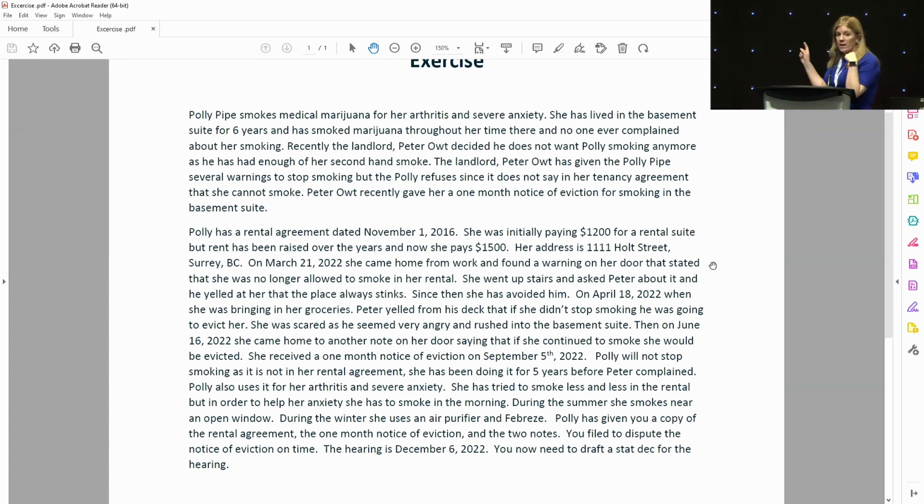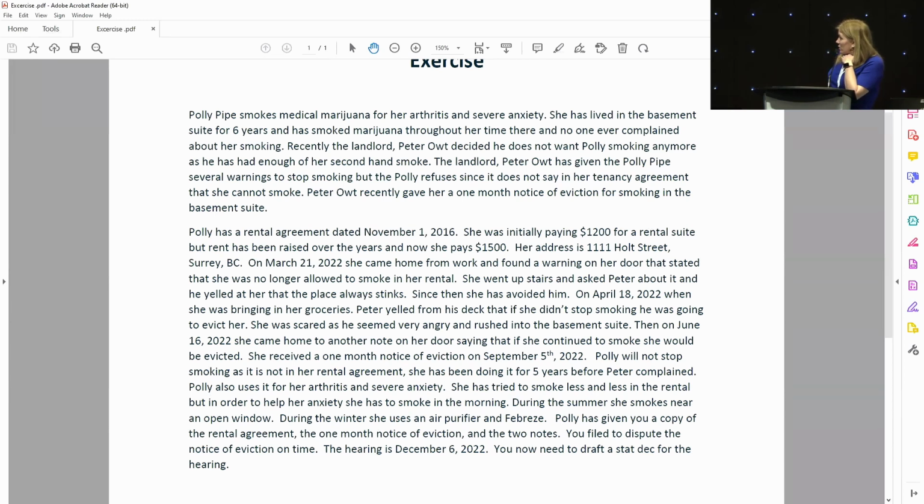So just to go over this, I am going to put up a sample of this one, but if anyone wants to point out anything, because I don't have it right in front of me. What you're going to attach as exhibits, of course, is going to be your rental agreement, right? Number one, rental agreement.